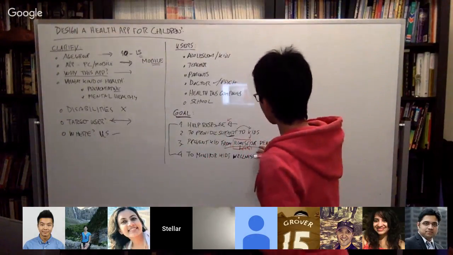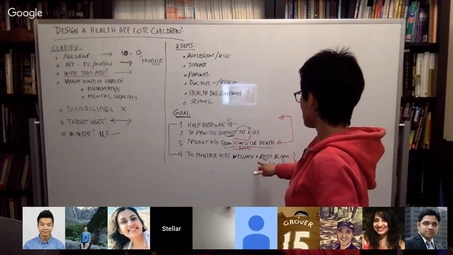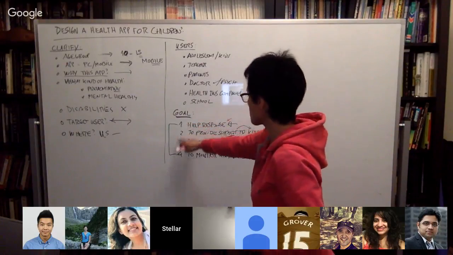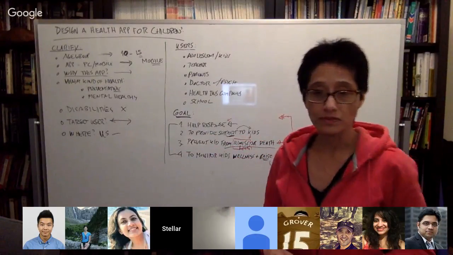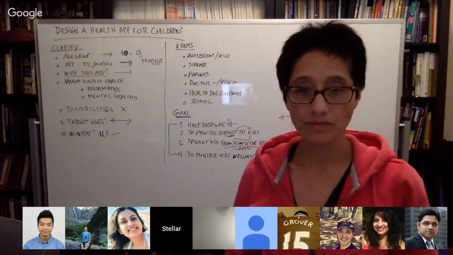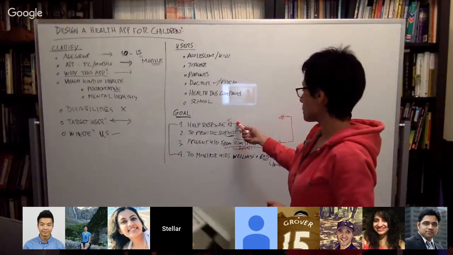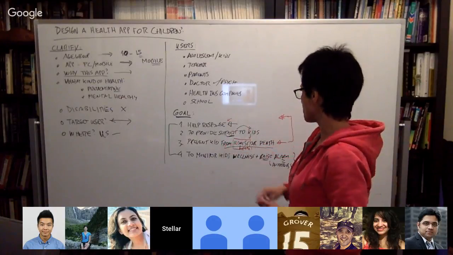No, 1 and 3, because 3 encompasses 2, and 1 is the same as 4. So it's between creating a health response app or an app to prevent kids from illness or death.